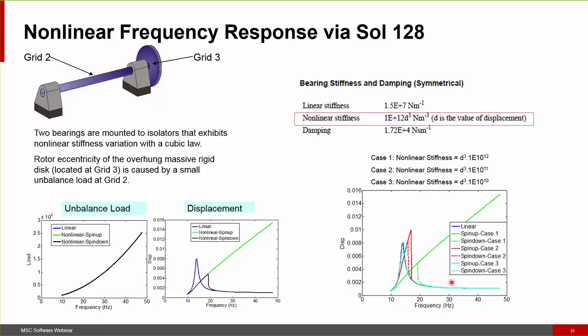And you see here both spin up and spin down are compared, and that gives you a feeling for how the system responds to this nonlinearity.